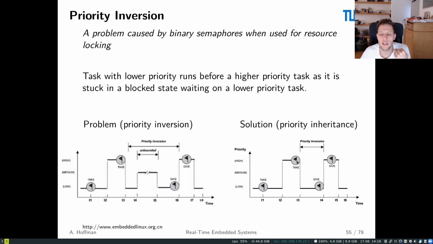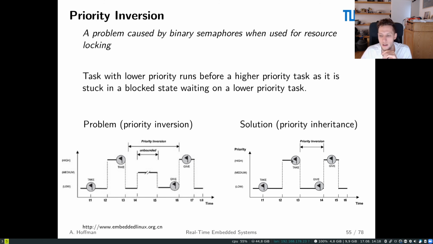Because by doing this, we're saying, okay, I want to focus on getting this high priority task to run, therefore to focus on releasing the resource I need, I'm going to make the task that holds it the same priority so that everything is focused on this high priority task getting to run, right? Therefore, at this point in time, this low priority task has a virtual high priority.